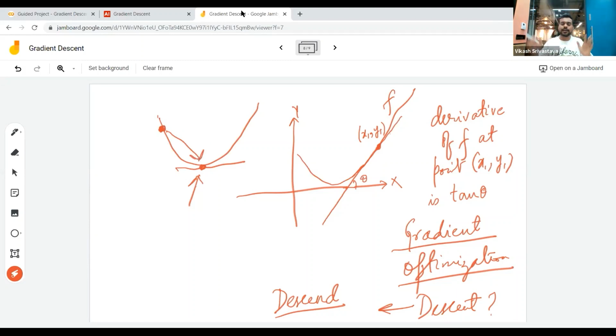Essentially, consider that you have a hill. You are on top of the hill, or maybe there is a valley, and the valley is the minimum of the loss function, or the minimum of the function per se. What we need to do is descend or climb down to the minimum of the loss function.